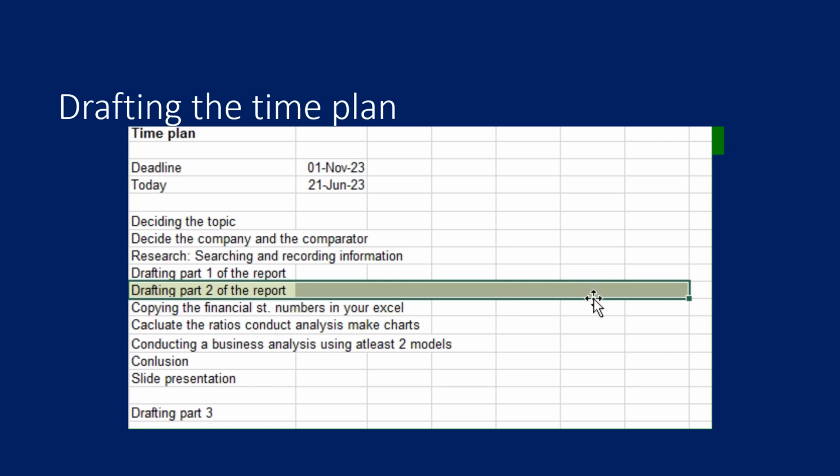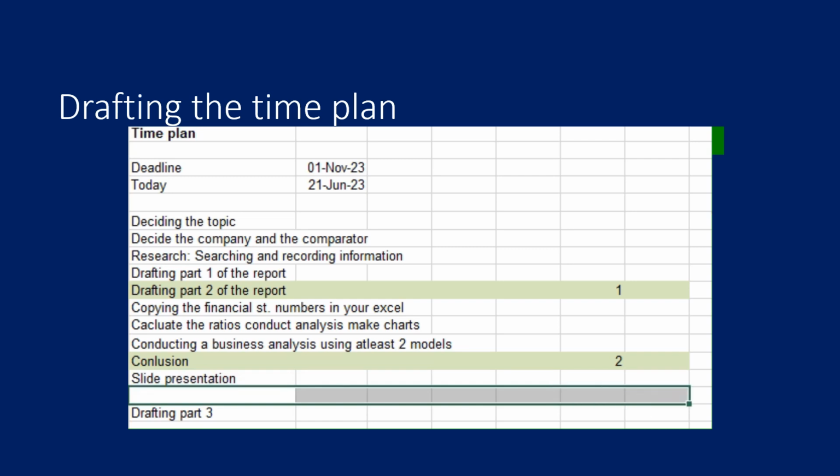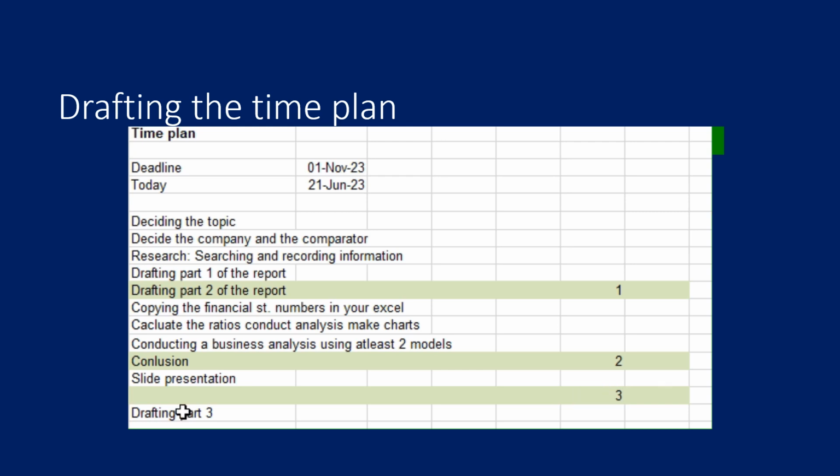I'll just mark it as 1, so that might be your first meeting with the mentor. The second meeting is very close to when you are concluding your work, and I'll mark it as 2. So this would be your second meeting. And the third meeting would be after you've done your presentation slides. So this is 3.